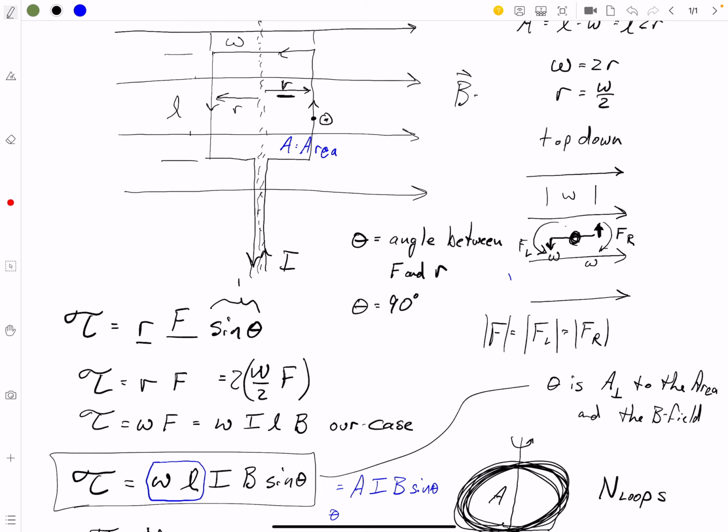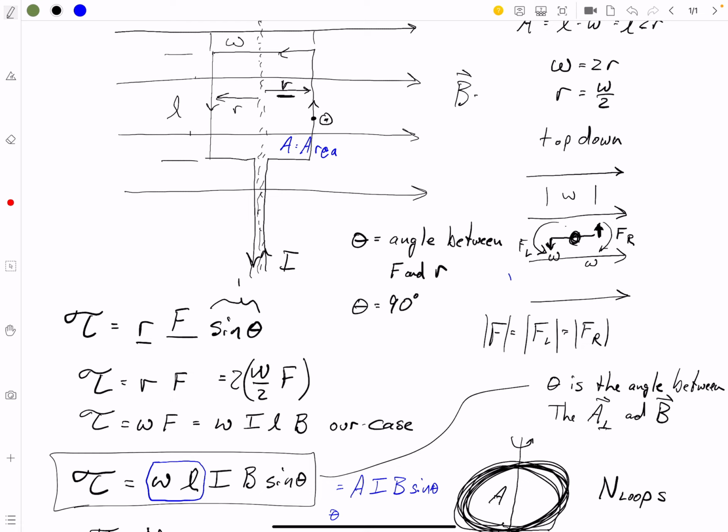It's the angle between them. I didn't do that right. Okay, theta is the angle between the normal to the area and the B field.